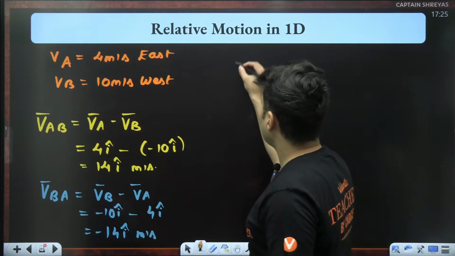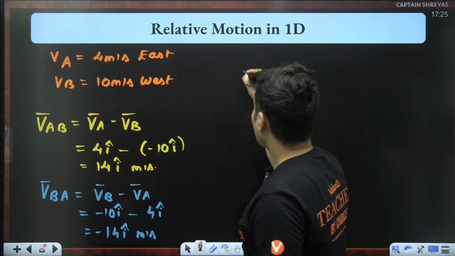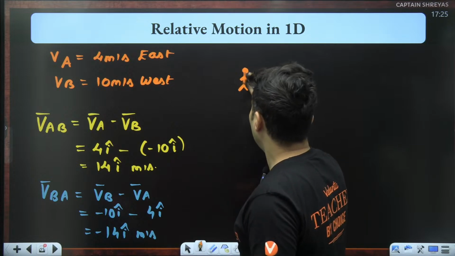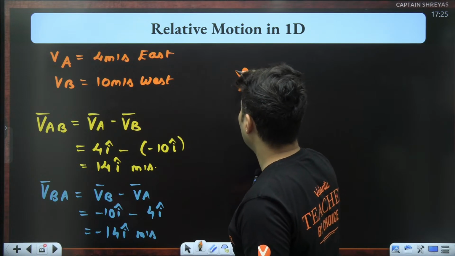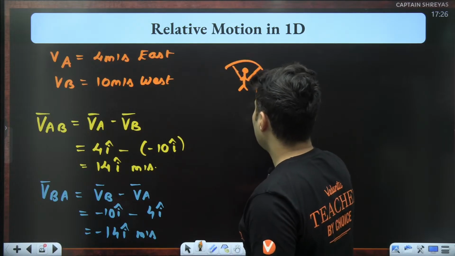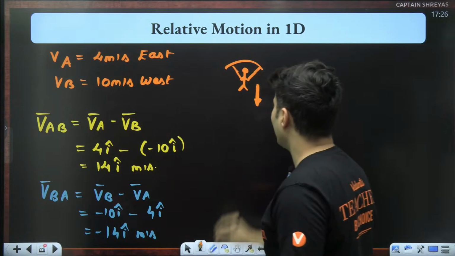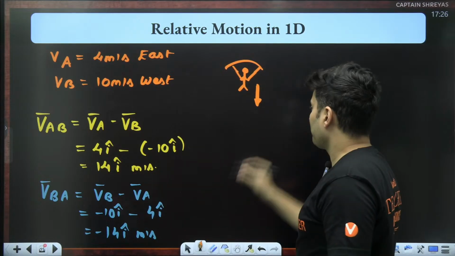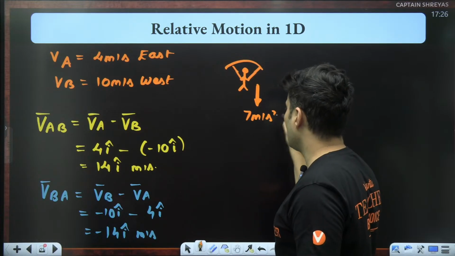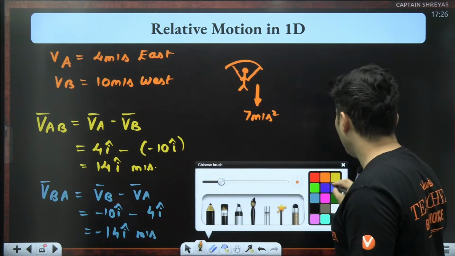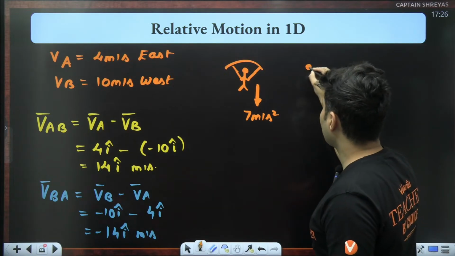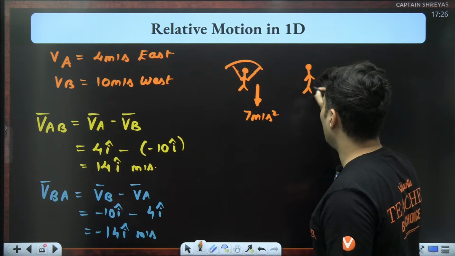Okay. Similarly, imagine there is a person who is falling down with the help of a parachute, and his acceleration towards the ground, for example, is let's say 7 meters per second square, not so much, as compared to another person who is directly falling without any parachute.